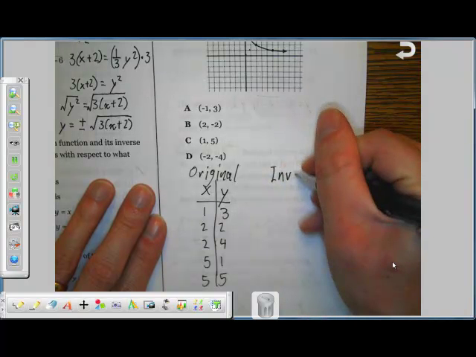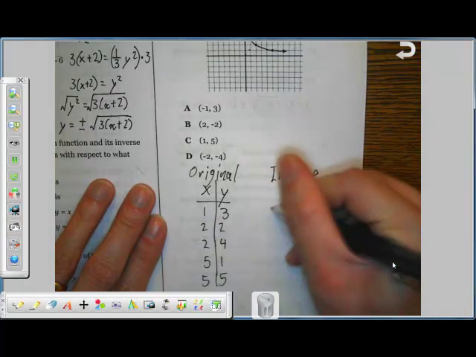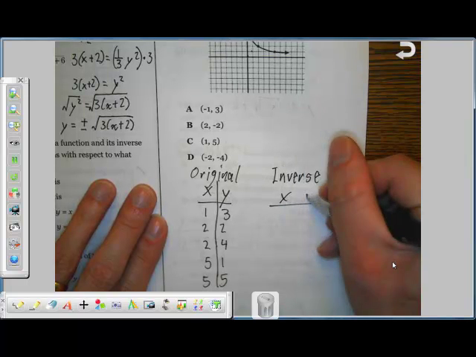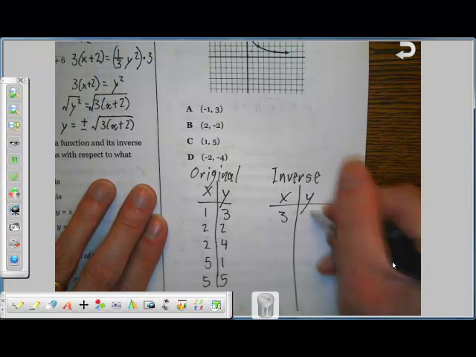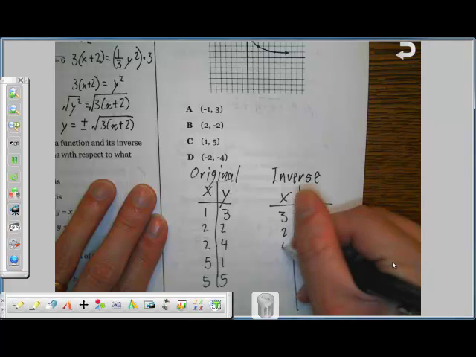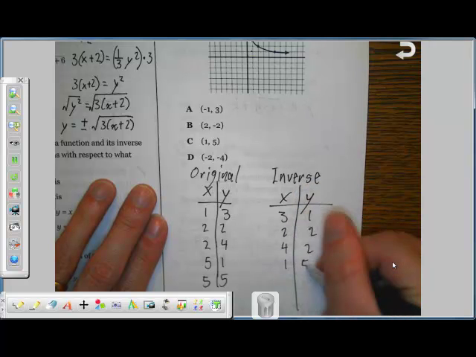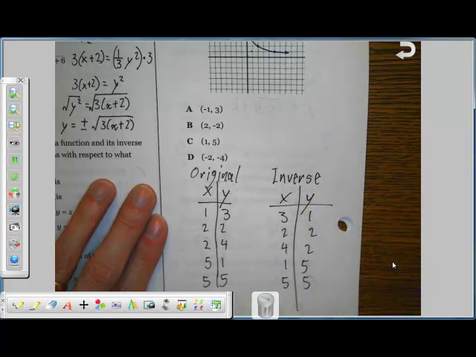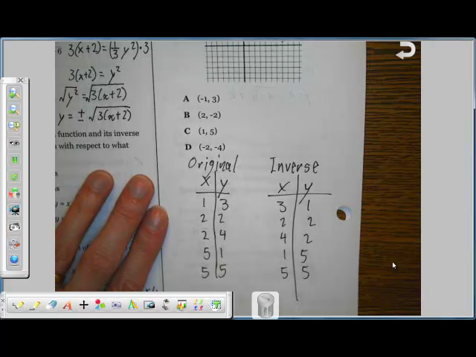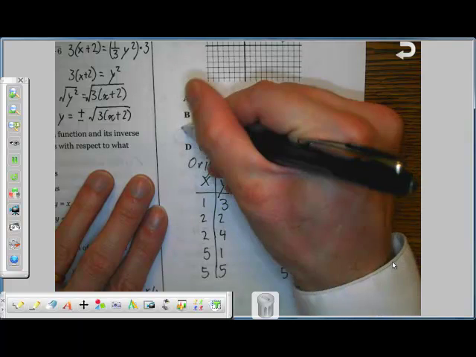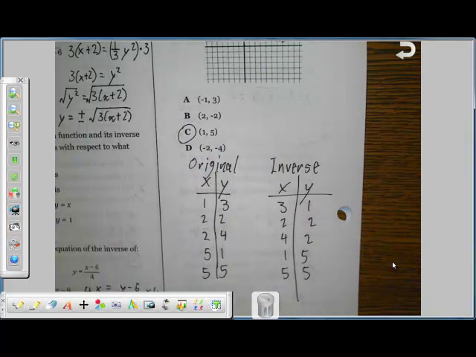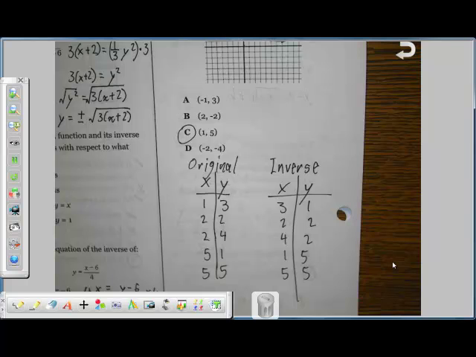The inverse would have us switching the x and the y. So we have 3, 1, 2, 2, 4, 2, 5, 1, 5, 5. Now, if I look at the points here and look at the points here, I find that the only one that works is C. That was not easy. That was exquisitely painful. That one was a bear.